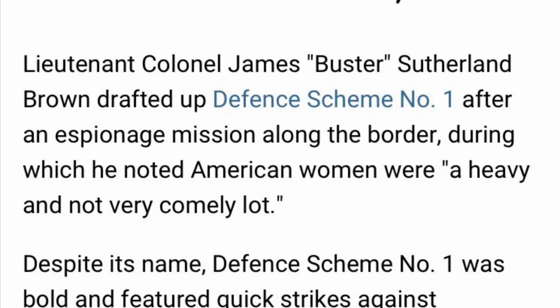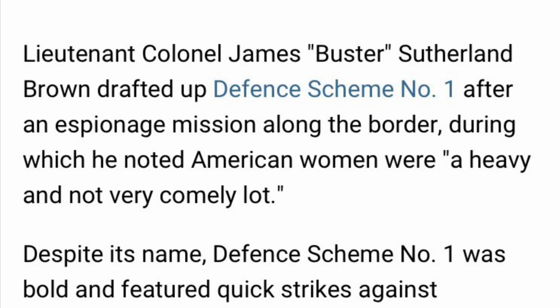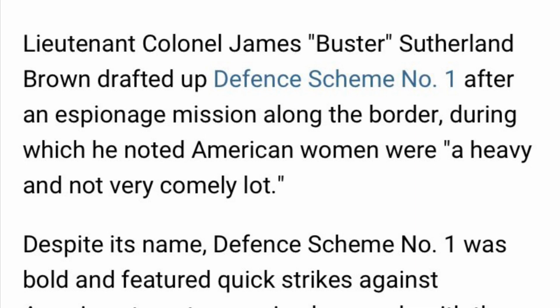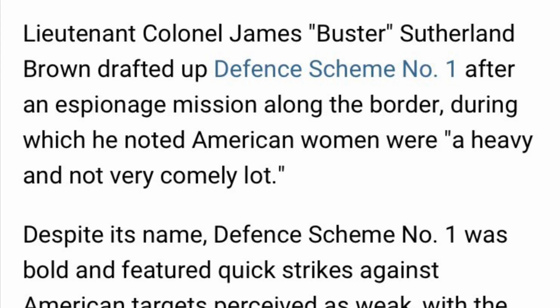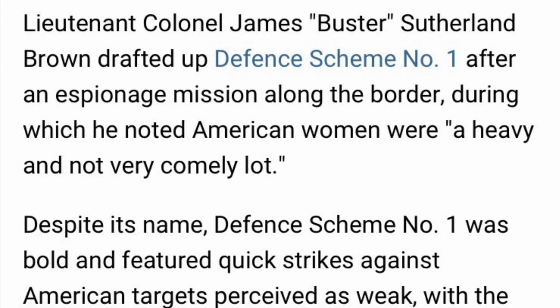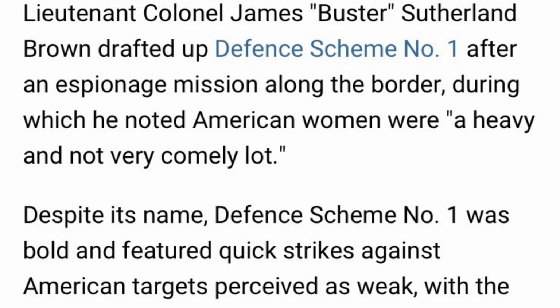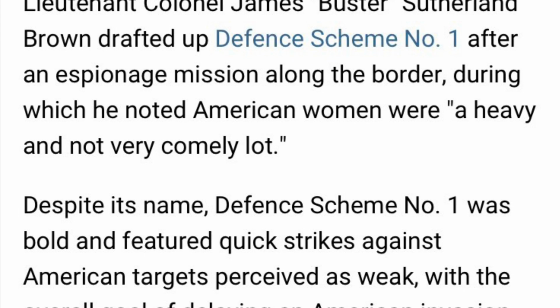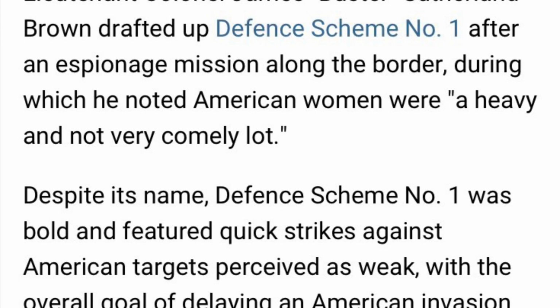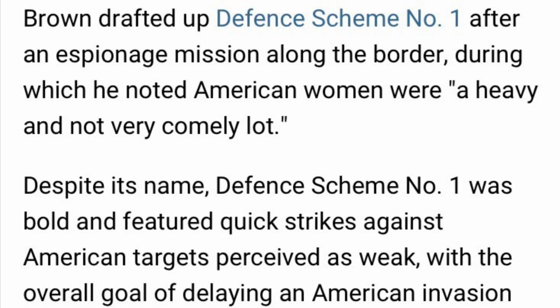Lieutenant Colonel James Buster Sutherland Brown drafted up Defense Scheme Number 1 after an espionage mission along the border, during which he noted American women were a hardy and not very commonly seen lot.